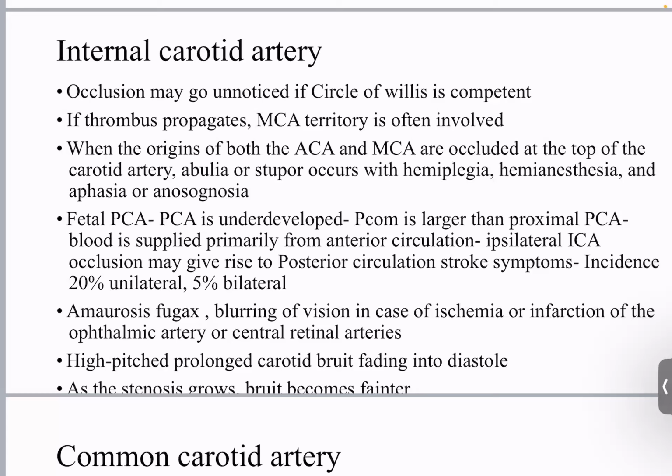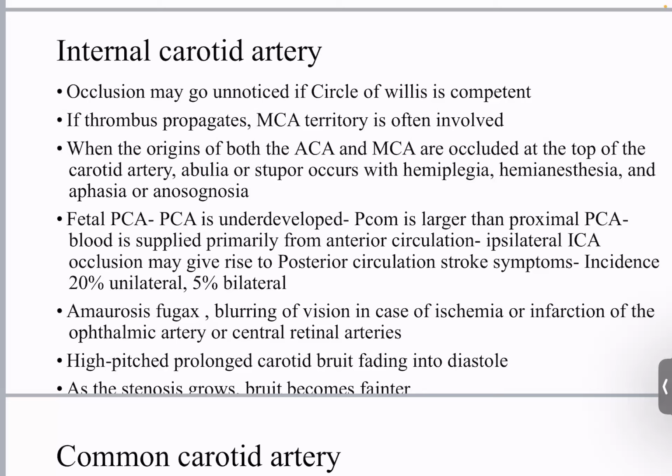There's something called fetal PCA, where the PCA is underdeveloped. The posterior communicating artery is larger than the proximal PCA, and blood is supplied primarily from the anterior circulation. Ipsilateral ICA occlusion may give rise to posterior circulation-like symptoms.